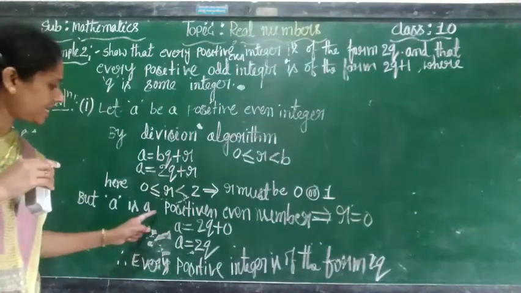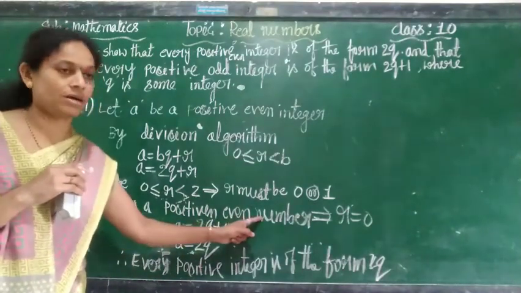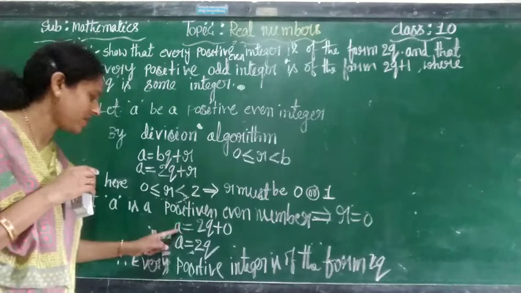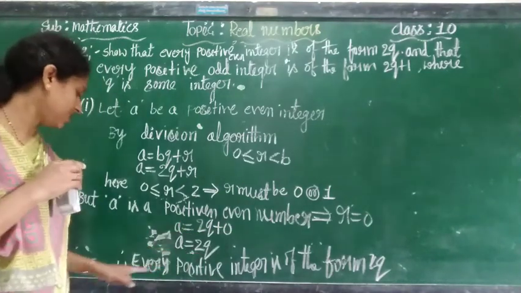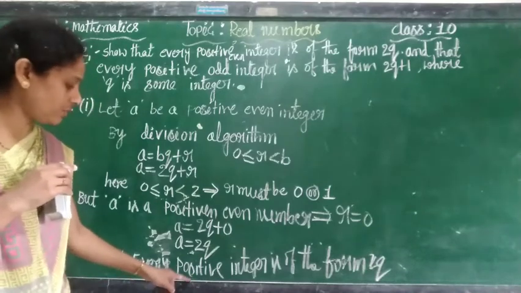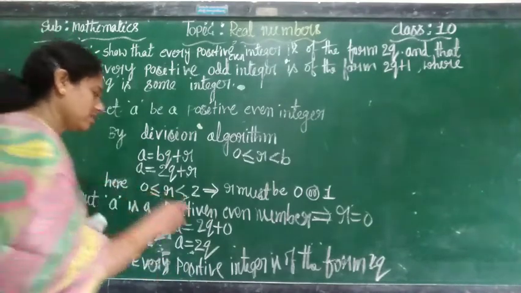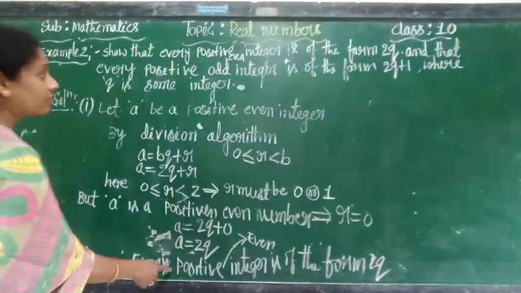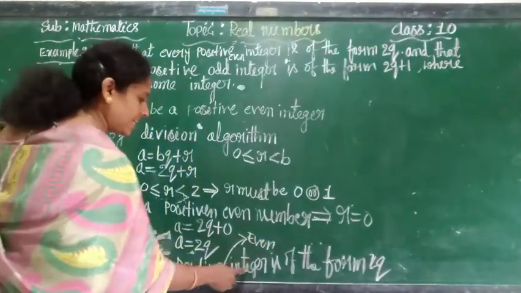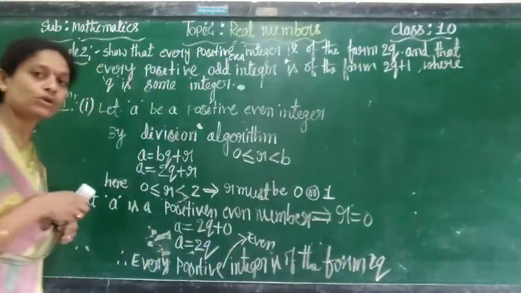But here a is a positive even number, so r becomes 0. a is equal to 2q plus 0. a is equal to 2q. Therefore, every positive even integer is of the form 2q.